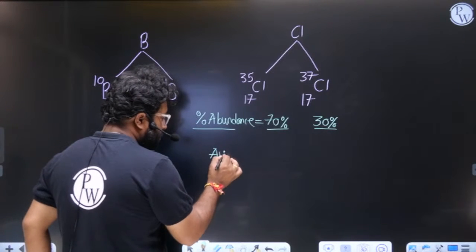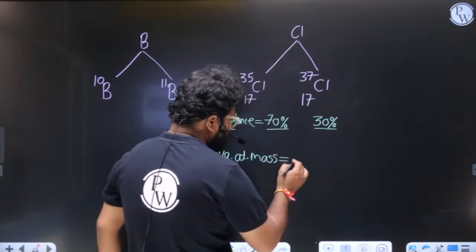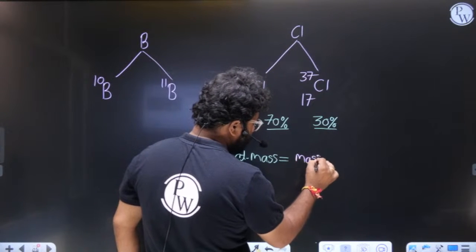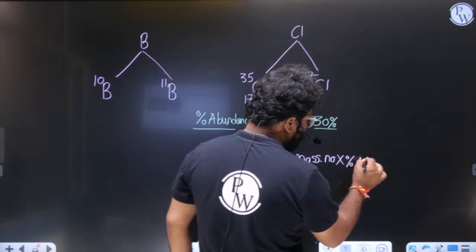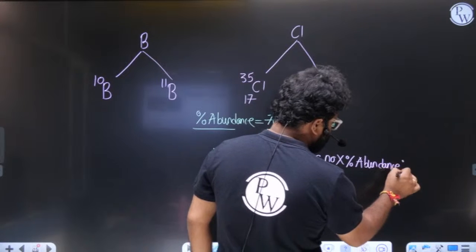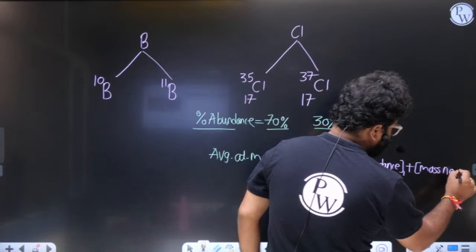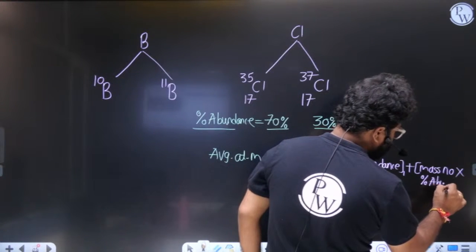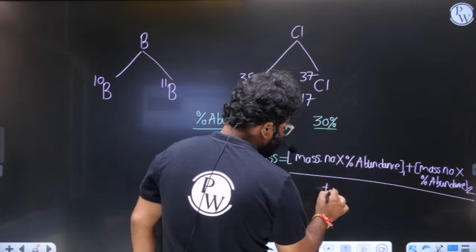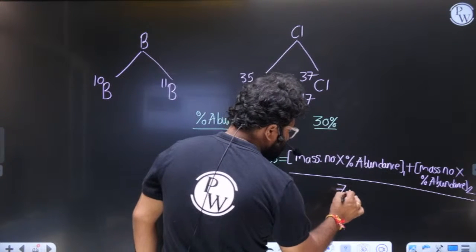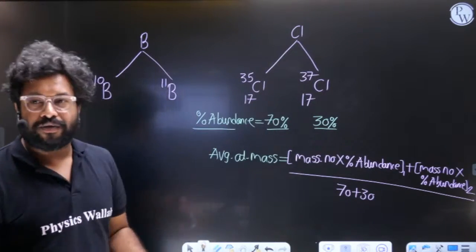So the formula for average atomic mass is: mass number multiplied by percentage abundance, plus mass number multiplied by percentage abundance of the second, divided by not total abundance, divided by 100 always. Here at the denominator you are always going to have 100.